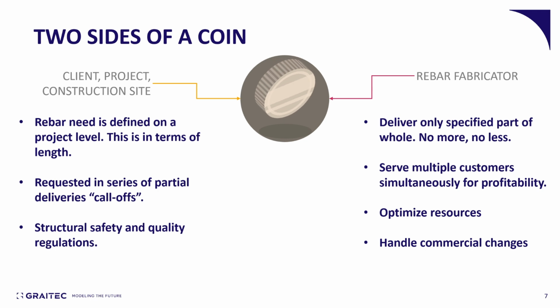And when we look into the fabricating part of the coin, they want to move on to the delivery of only specific parts of the whole, no more, no less. Now the rebar fabricators are not working with one customer, they're working with multiple and several customers, and they need to be producing their products on what we call rebar simultaneously for profitability.